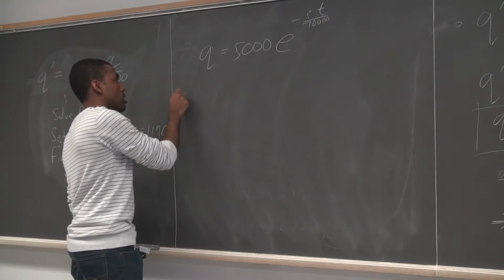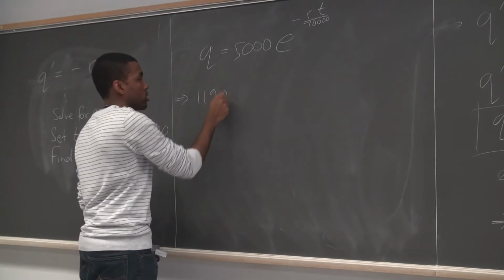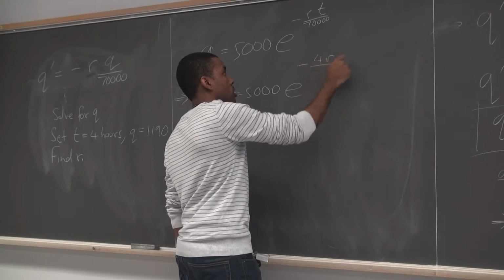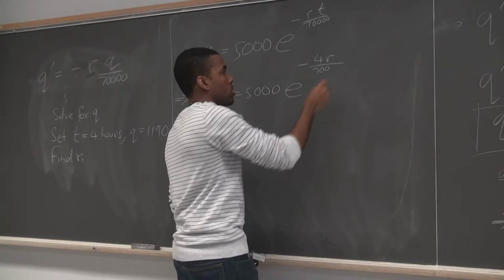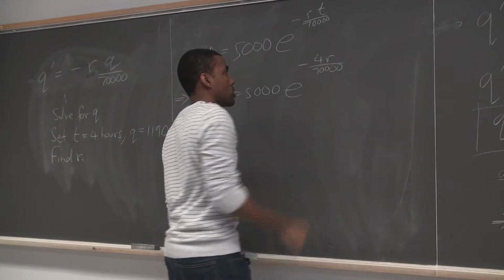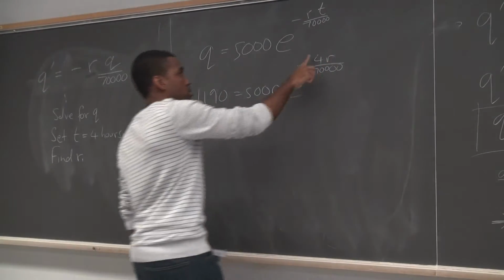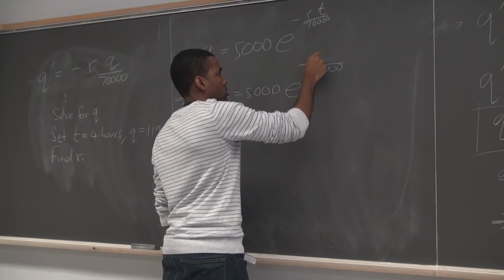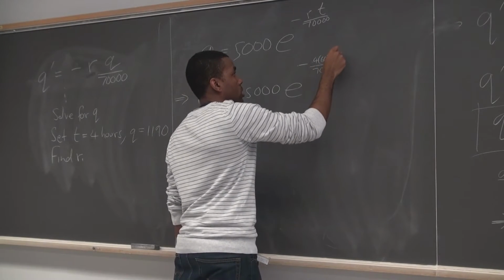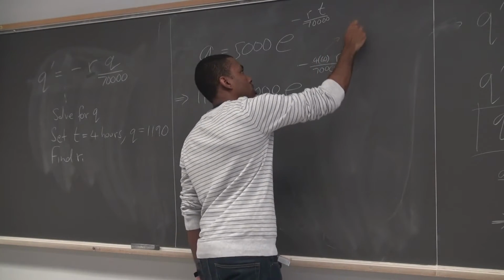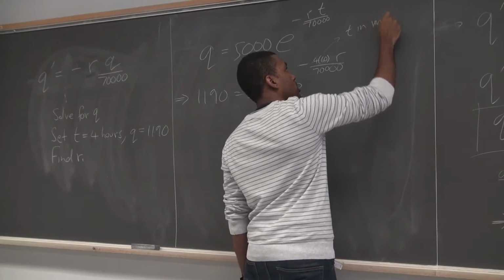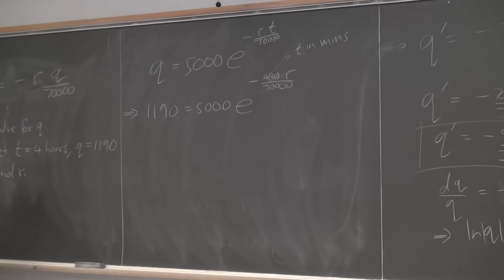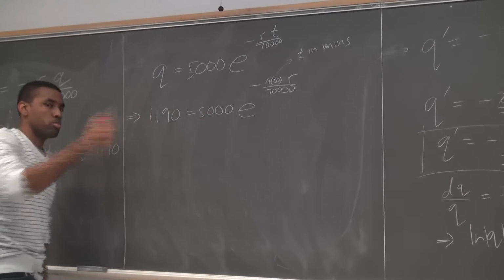Then plug in 1,190 here, plug in 5,000 there, e to the minus 4R over 70,000. Well, our time was in minutes. Depends on how you want to set up your time, t in minutes. Depends on the units. And now you just solve for R, right? So you divide by this, ln both sides, and so on.